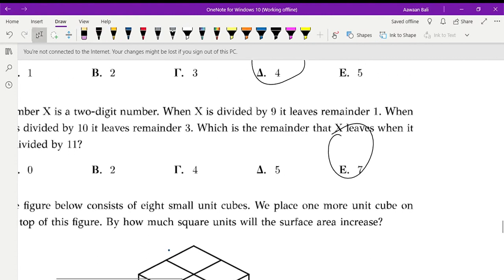Now it says when x is divided by 9, it leaves a remainder of 1. So basically, imagine all the multiples of 9 but added by 1.